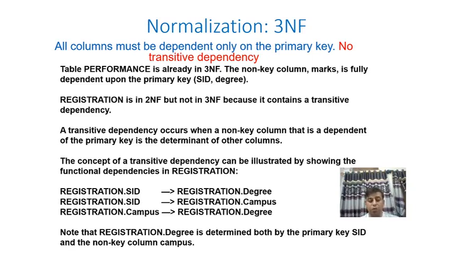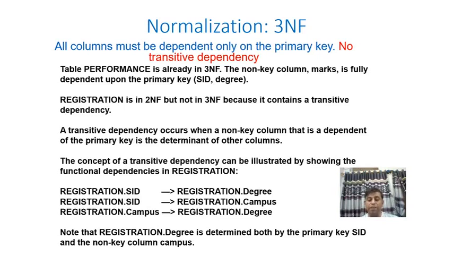In the third row, registration dot campus, or the attribute campus, determines the attribute degree. Now campus is a non-key attribute and degree is also a non-key attribute. Campus determines degree, or in other words, degree is dependent on campus. Now this kind of dependency is problematic.